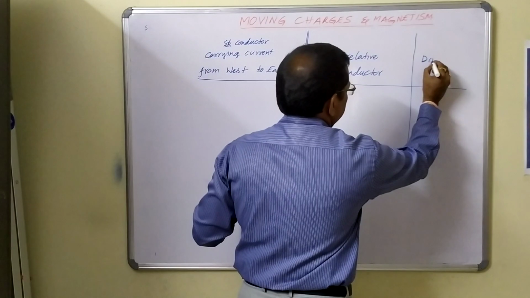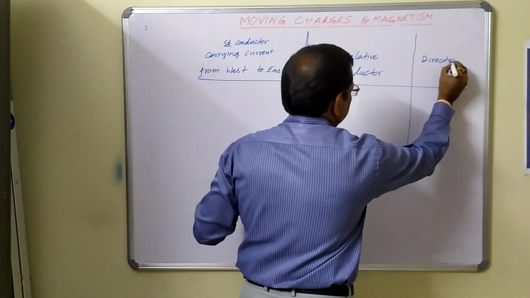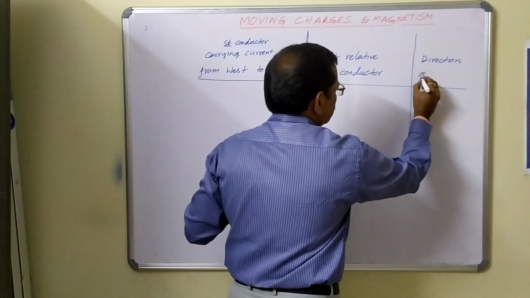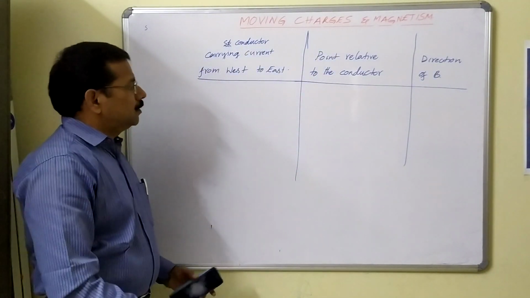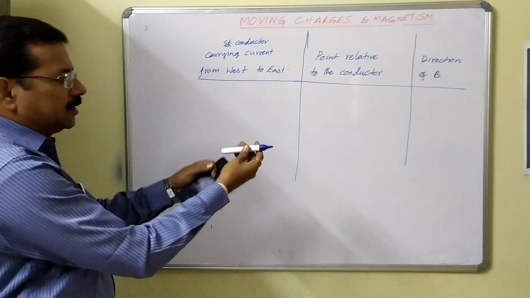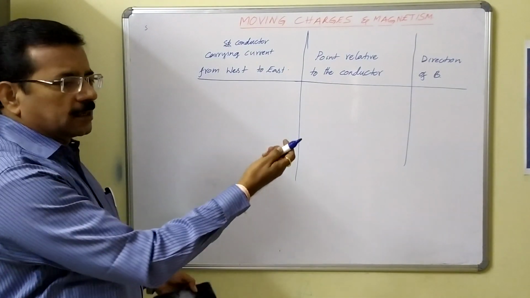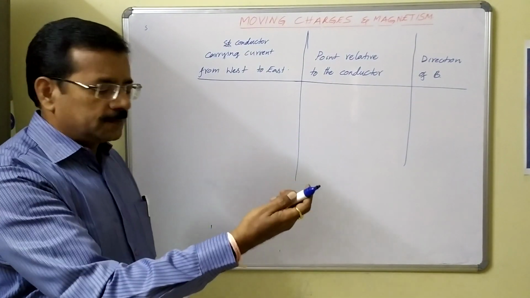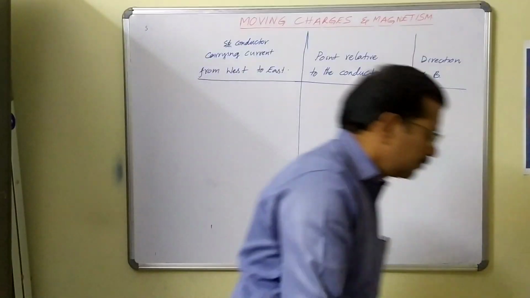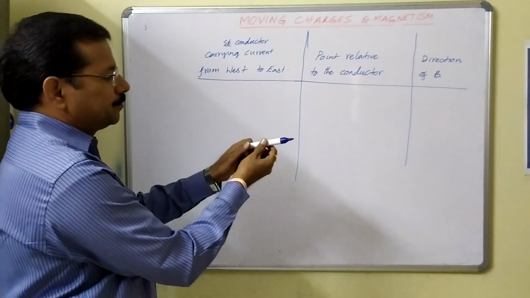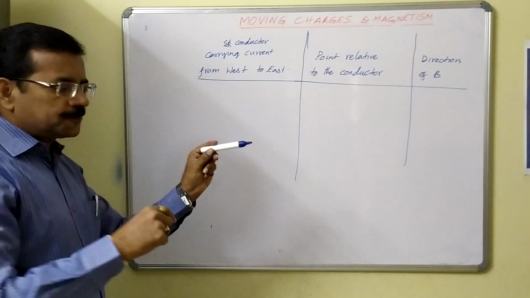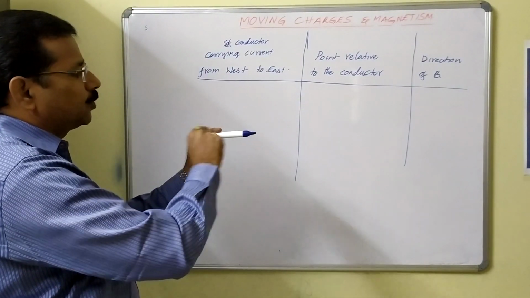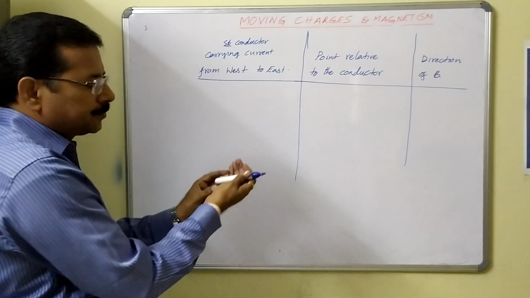So obviously the conductor is in the horizontal plane. It is like this. This is the straight conductor carrying current from west to east. That is, with respect to you, current is flowing from left to right.